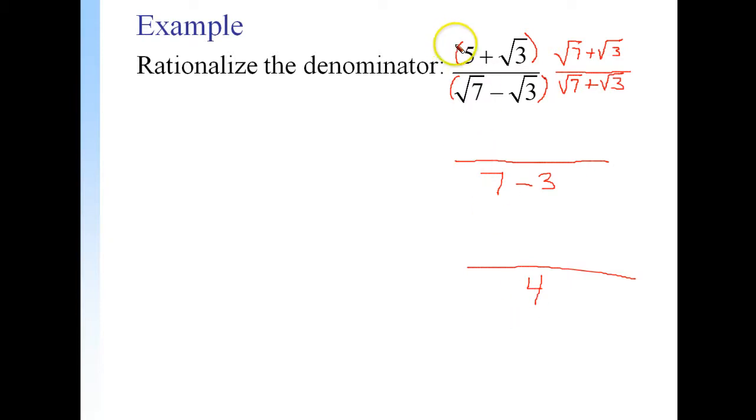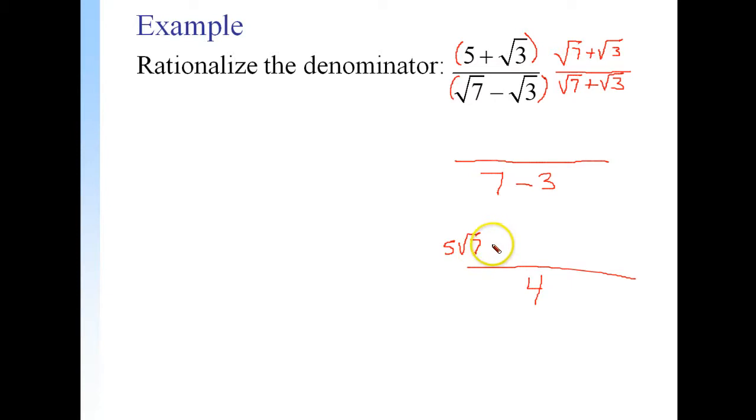And now we'll FOIL the top here. So this is going to be, I'll put it down here because I don't think you can do anything with it. 5, the square root of 7, that's my first. My outers and my inners, yes, they're going to be distinct radicals.